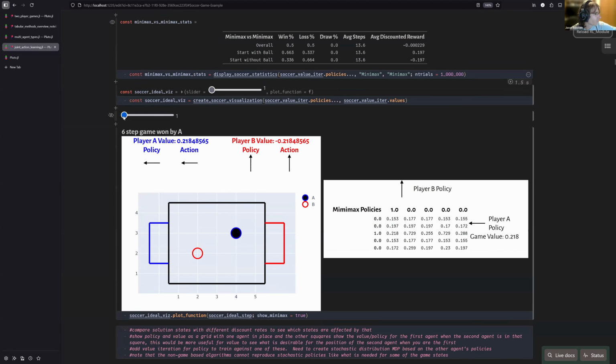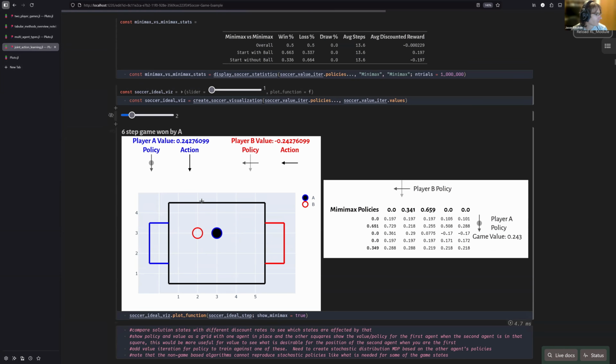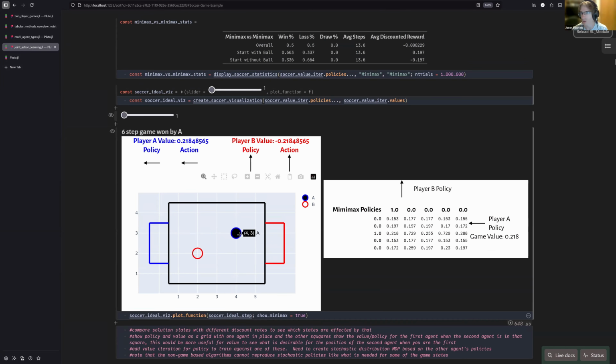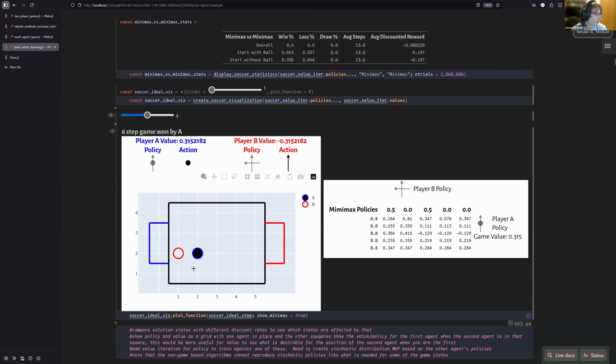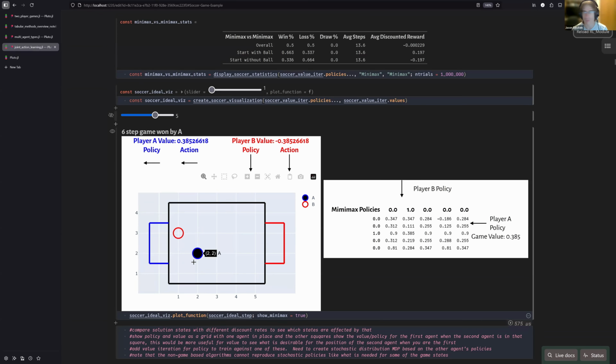So this is what the solution looks like if we actually show an episode play out. I did show this last time, but the player with the ball will now attempt to move and score, and then they get locked into this position and eventually end up positioning themselves.